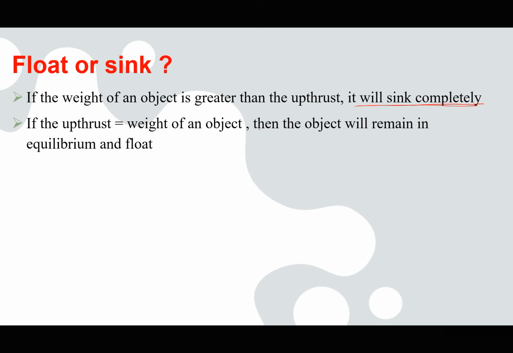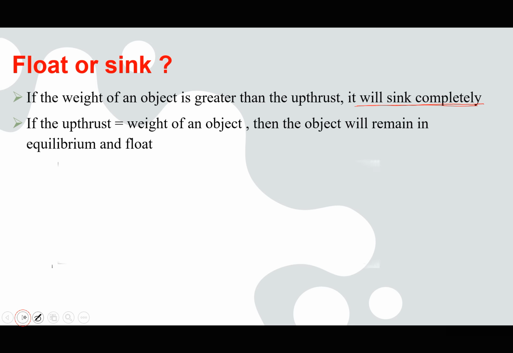If you just put an object on the surface of the liquid, it starts sinking. That means its upthrust starts increasing. If the upthrust balances the weight of the object, it stops sinking. It stops there. So if the upthrust is equal to the weight of an object, then the object will remain in equilibrium and float.